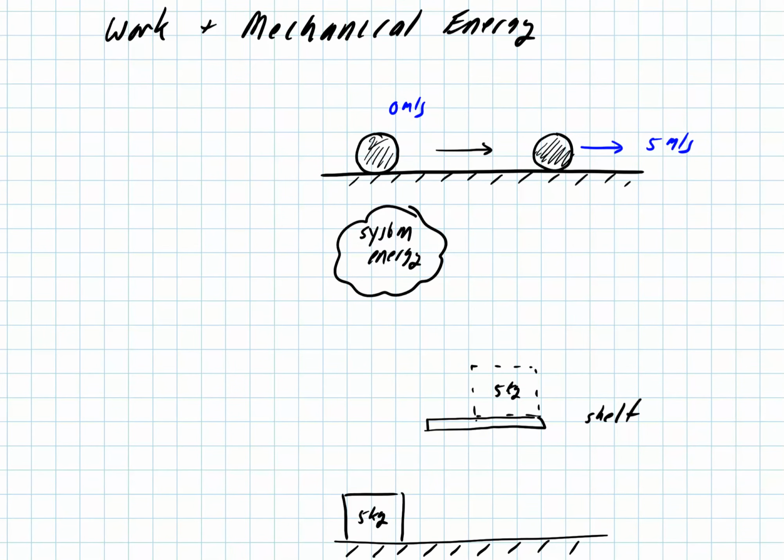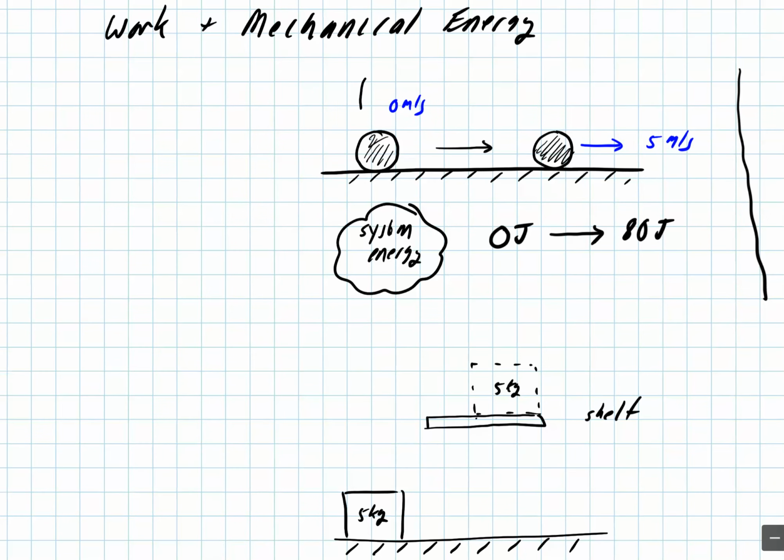Let's talk about work and this category of energy called mechanical energy. And let's go through some examples first before we even try to talk about what mechanical energy is. Here's our first example. Let's take a look at a ball that is not moving, and you want it to start moving. Well, that means it's going to go from having no energy to, I'm just going to make up a number here, 80 joules.